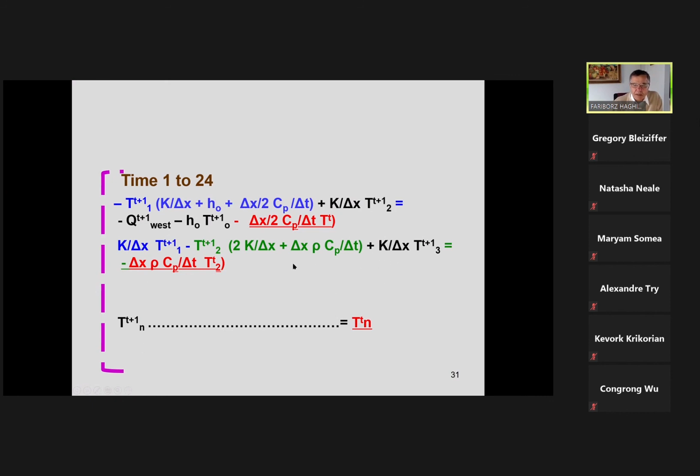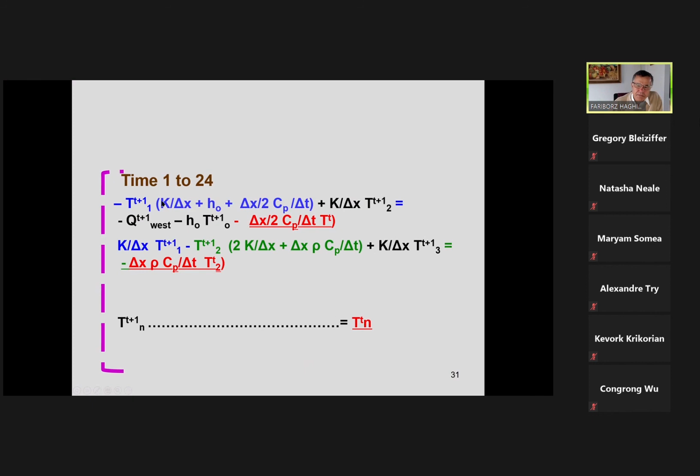Okay, because you were assuming steady state, you did not have this term that we have here. But now, when you look at your equation, you are trying to calculate 1 o'clock, but you need the temperature when it's at 24. You would like to calculate the temperature at 2 o'clock, but you need the temperature at 1 o'clock.